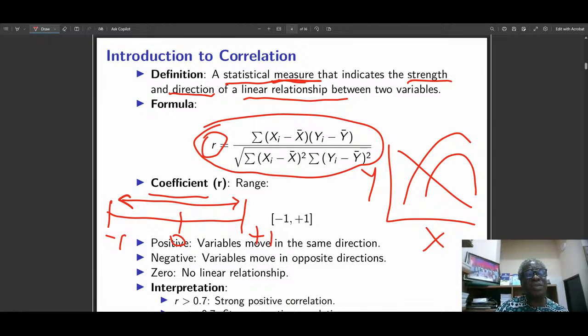So which means the correlation coefficient can as well be 0. And when it is 0, it means there is no linear relationship. When it is on this side, between 0 and +1, then we say there is a positive linear relationship, which means the two variables are moving in the same direction.